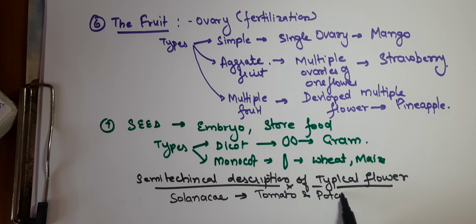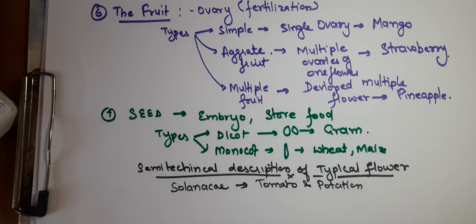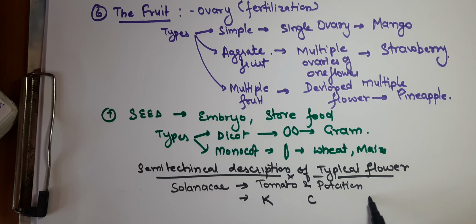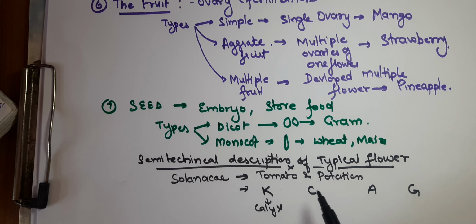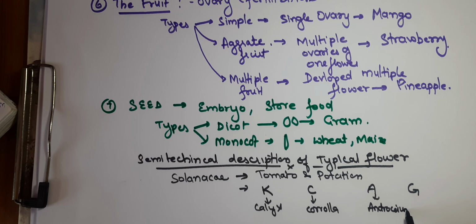While we are writing the semi-technical description, students, we just mention it in 4 points. So we will write K, C, A and G. This K, students, represents the calyx. This C represents the corolla, A is androecium and G is the gynoecium.